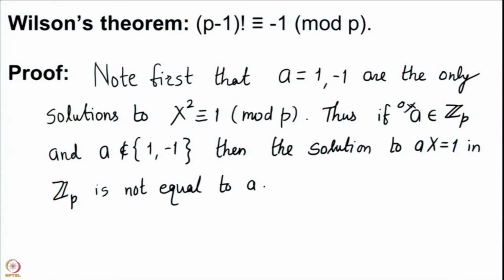The only question we are interested in is whether this solution can be equal to a itself. We know that ax equal to 1 has a solution. So, we know that there is an element b again in Zp such that a into b gives you 1. This is something that we have done quite often, when we looked at a equal to 5, let us say, and p equal to 7, and we wanted to solve for 5x congruent to 1 modulo 7.